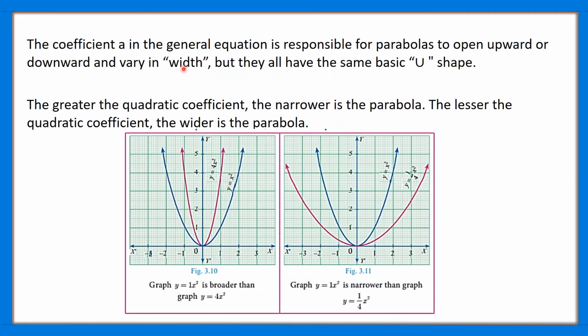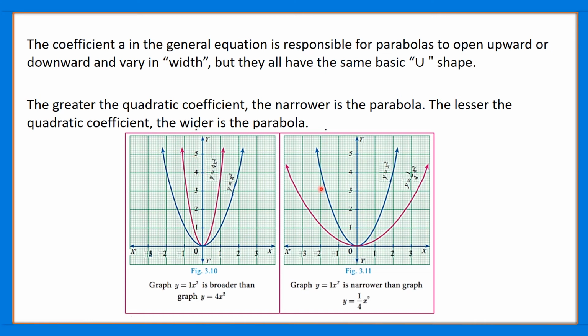What happens if our a changes? That is, the coefficient of x² changes. If a is greater, then our parabola will be narrow. And if a is less, that is, if the coefficient of the quadratic term is less, then our parabola will be wider.